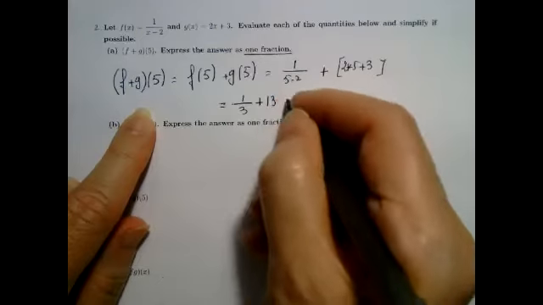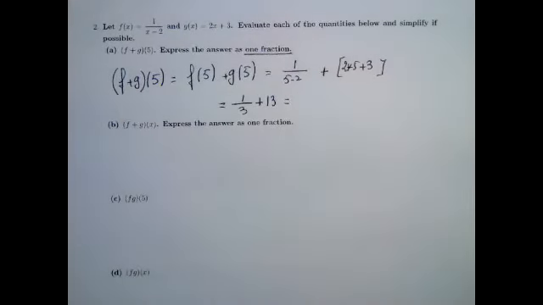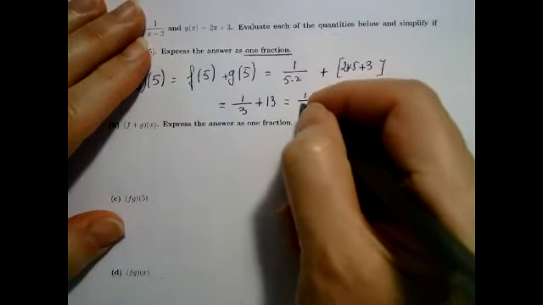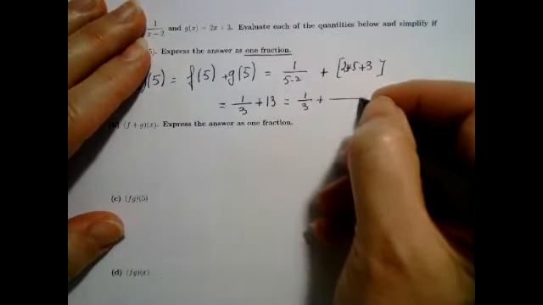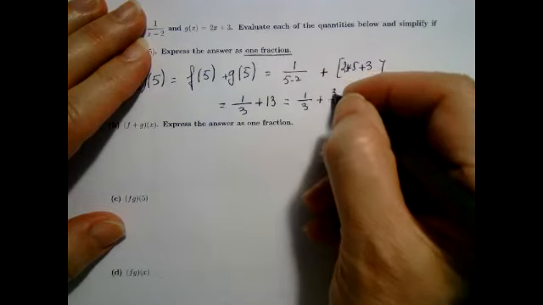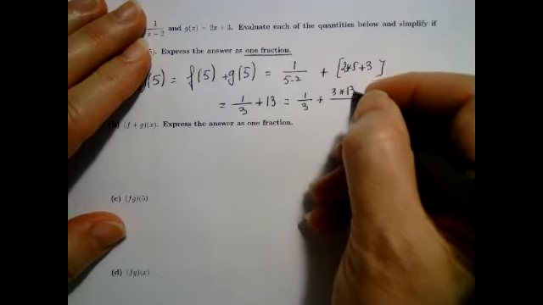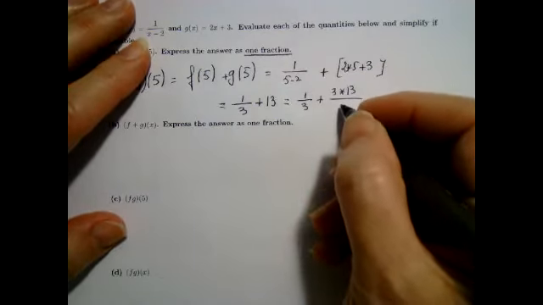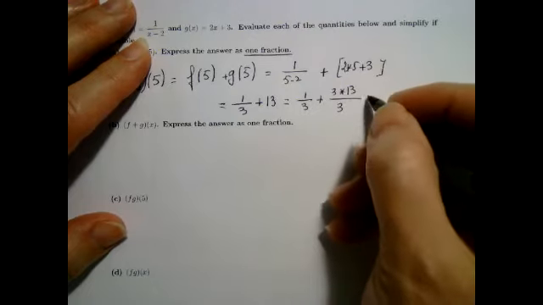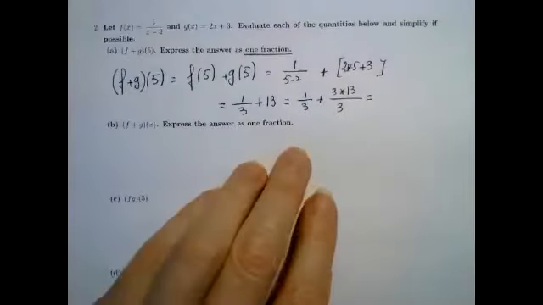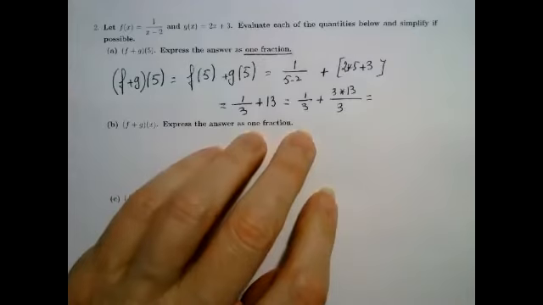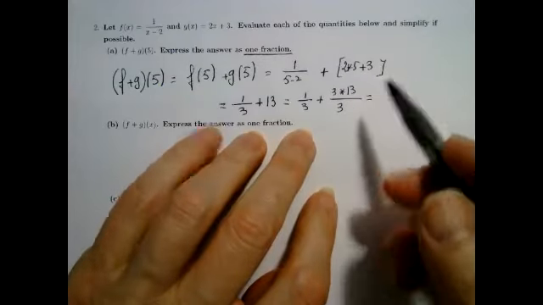And then you have to make sure that the denominators are the same. So you have to multiply the 13 by 3. Yeah, you're right. Then by 3 over 3, and now you can add the numerators.